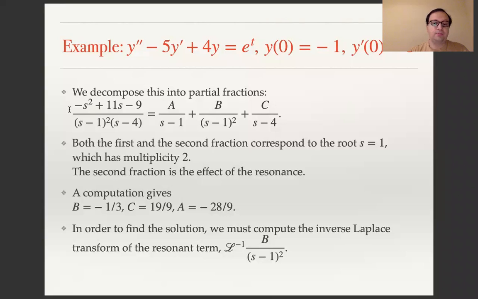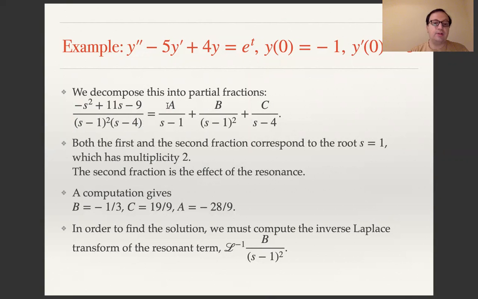Again, the decomposition into partial fractions depends on the denominator. Since we have s minus 1 squared times s minus 4 in the denominator, the decomposition into partial fractions will be some constant over s minus 1 plus another constant over s minus 1 squared plus a third constant over s minus 4.